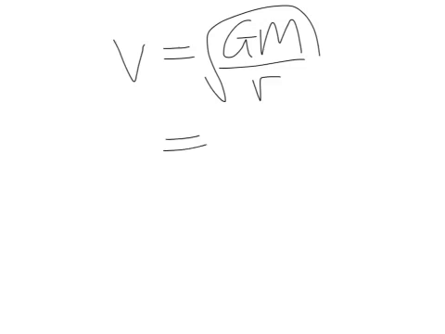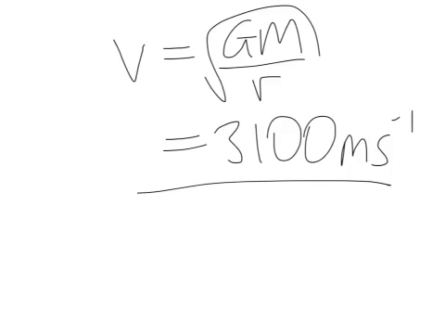Plugging the numbers in carefully, 6.67 times 10 to the negative 11 for big G, 5.98 times 10 to the power of 24 for the mass of the Earth, and the orbital radius we just found, 4.225 times 10 to the power of 7. Taking the square root of that expression, you should find you get 3,100 meters per second. The two significant figures.